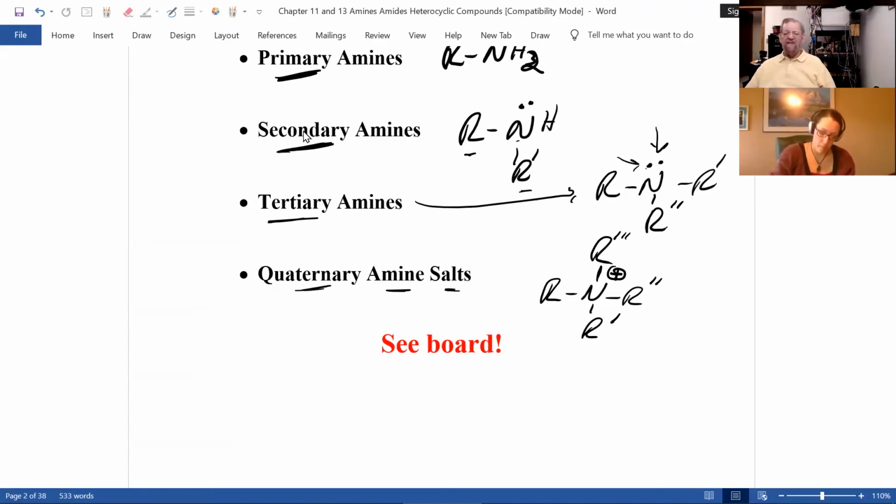And all molecules in nature have a net 0 charge. So if this is a positive cation, you need an anion. For this class I'm just going to use the halogen anions, but it can be many other things, and I've used them. Here, X equals bromine, chlorine, or iodine. And this is called a quaternary ammonium salt.